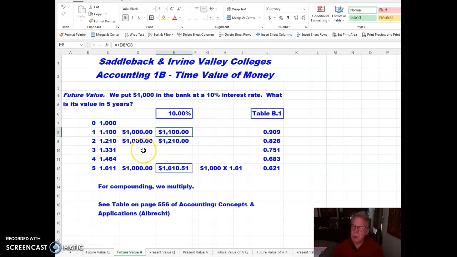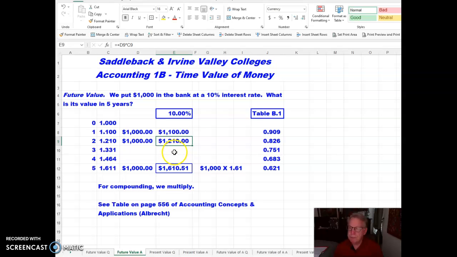And then what we do is we're just simply multiplying these factors times $1,000. In Steve's way, we multiply when we're calculating future values, and we divide when we're calculating present values, which I'll show you in a second.